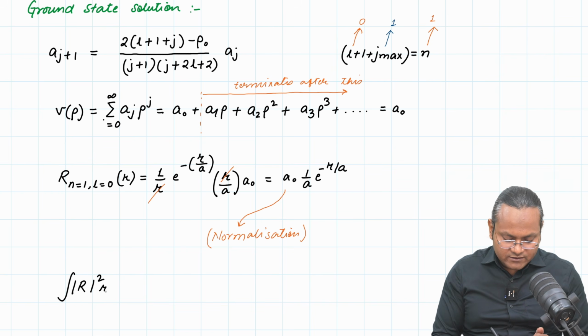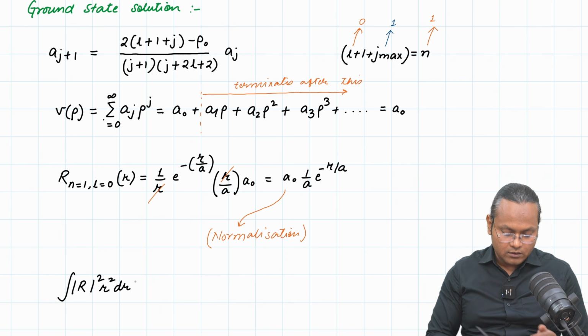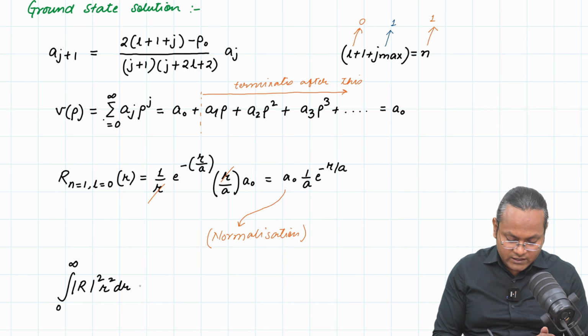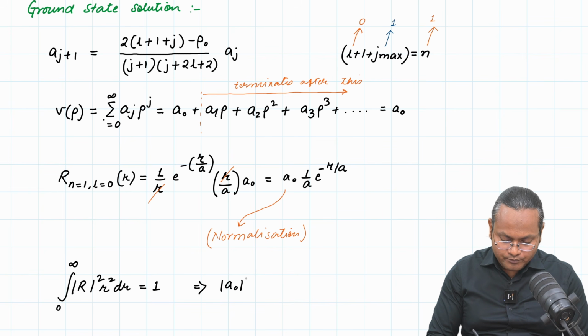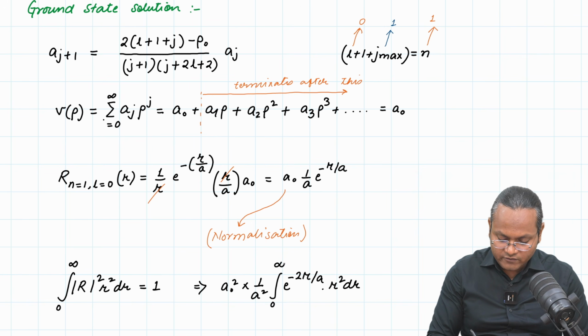So I will integrate with respect to r squared dr from 0 to infinity, equals 1. If I do this, this simply becomes a naught squared, because this is a real function, times 1 upon a squared, integration of e to the power minus 2r upon a times r squared dr from 0 to infinity.